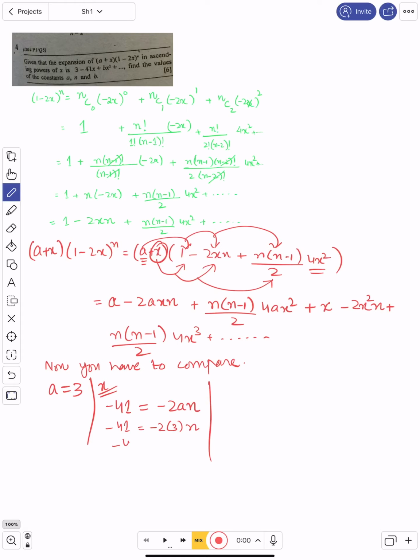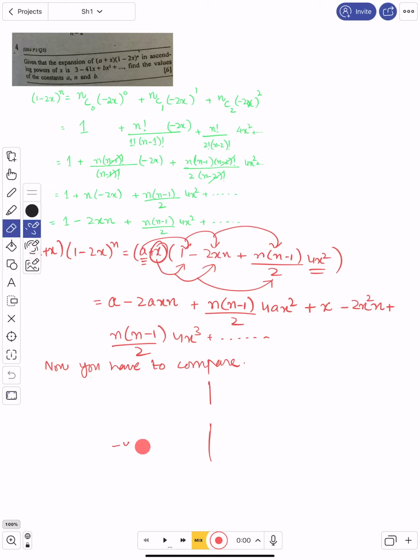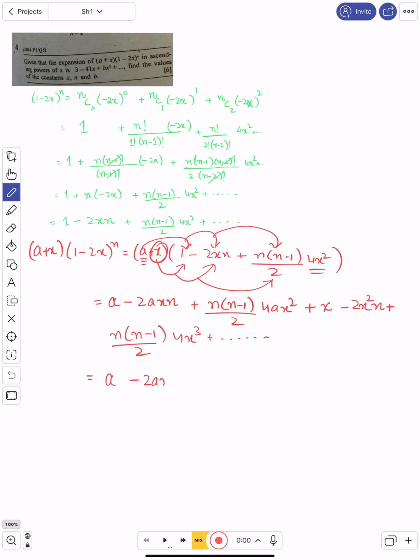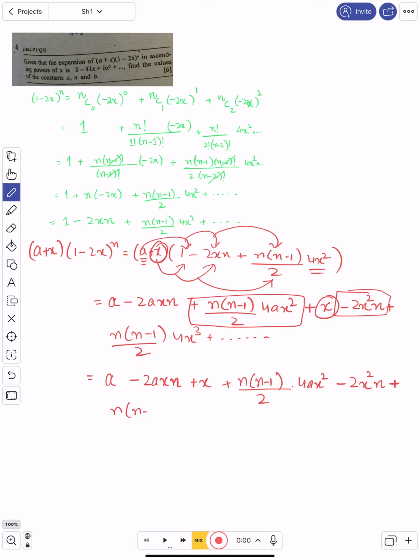one thing which we have to consider before the comparison: that we are required to arrange minus 2anx and x to be arranged, and this has x squared arranged with this number, and finally it is as it is.